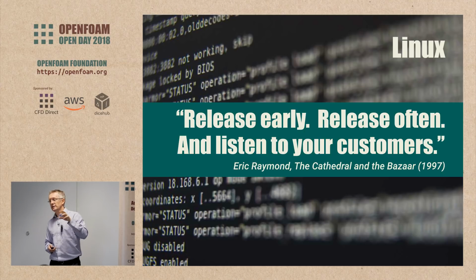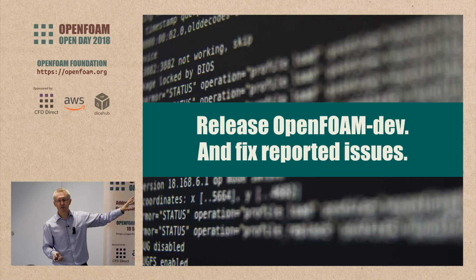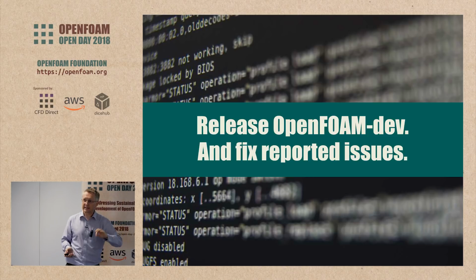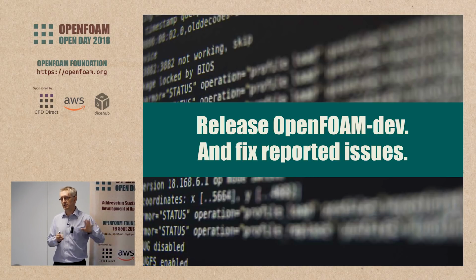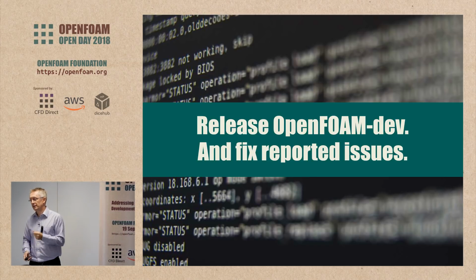But one of his statements is release early, release often, and listen to your customers. And that's what we're doing. In a short sense, you could say we release OpenFOAM Dev and we fix reported issues. It's the same thing. That's the secret.